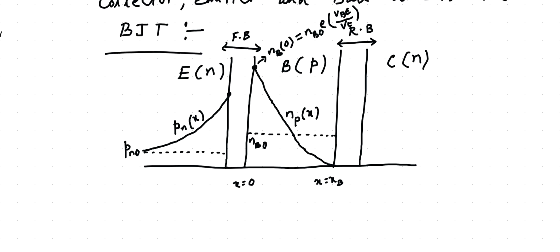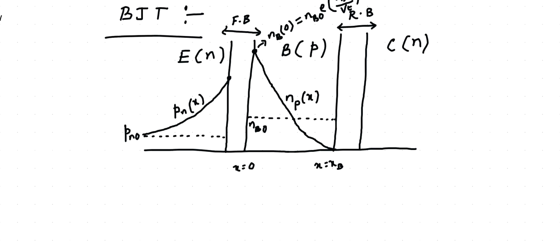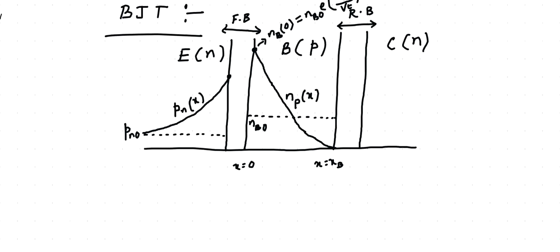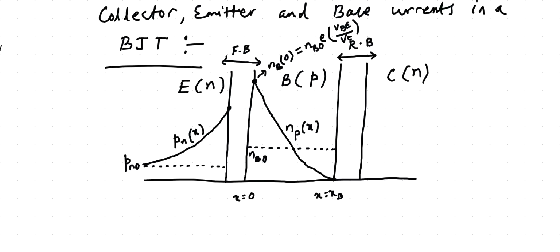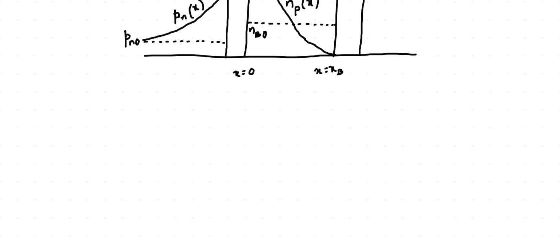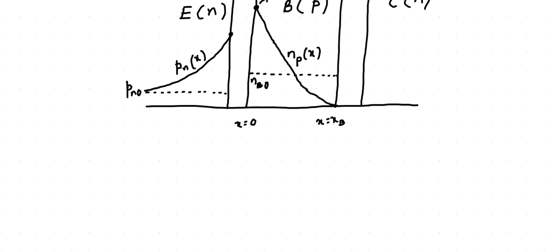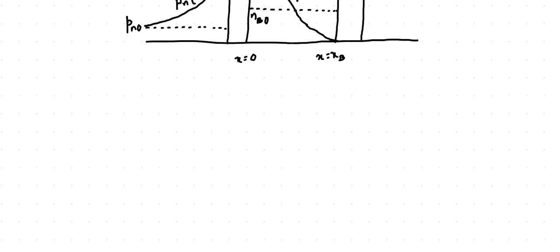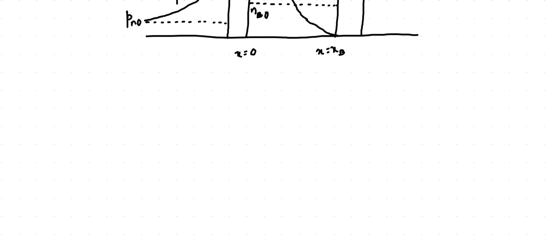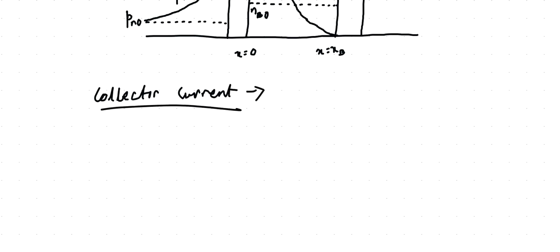Now, the first thing that we are going to derive here is the collector current. So how will we find the collector current? Let us see what the collector current is and how we can derive it in a BJT in forward active mode. So let us write the collector current first. We can write the collector current as a diffusion current. Why will we write it as a diffusion current?